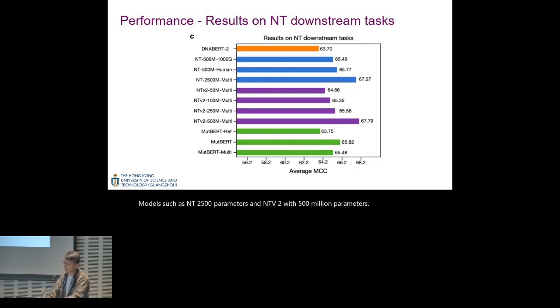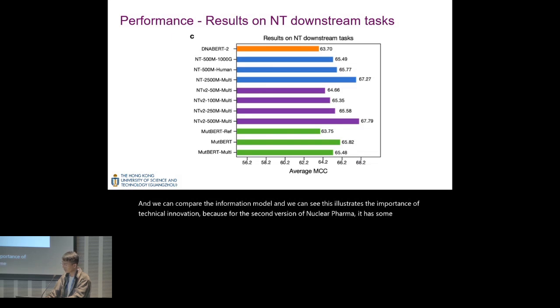And comparing the aforementioned models, this illustrates the importance of technical innovation, because the second version of the Nucleotide Transformer has some technical improvements, so it can get better performance, even though it has a smaller model size.